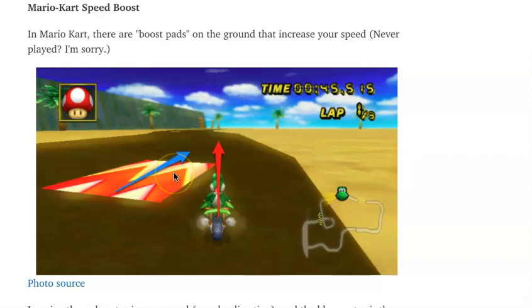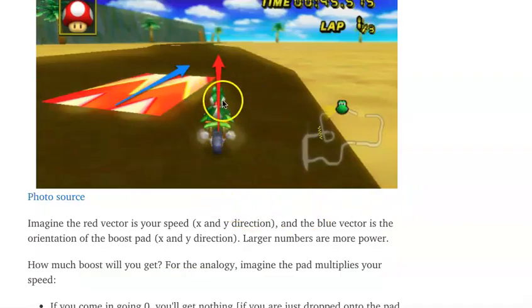It's not necessarily straight, and if you can kind of see on this course, it looks like the boost pad pushes you a little over here to the right. Now I'm not sure exactly what the path is. So imagine this red vector is your speed in the x and y direction. So you're coming in at a certain speed with a certain direction.